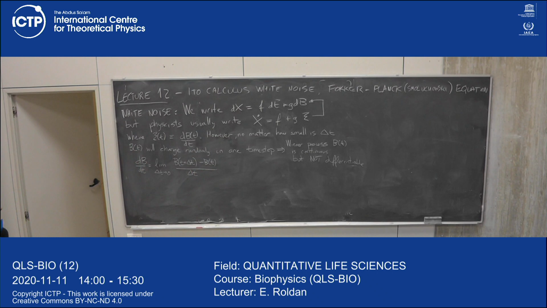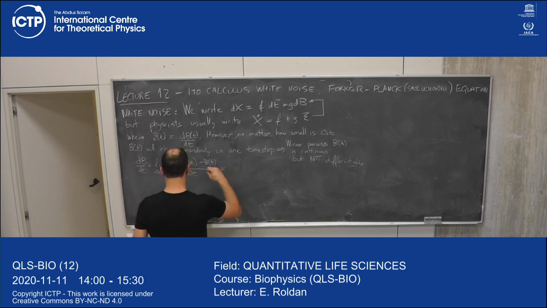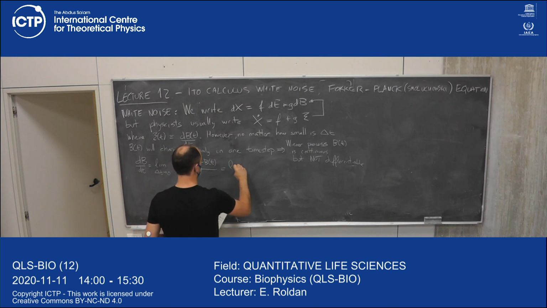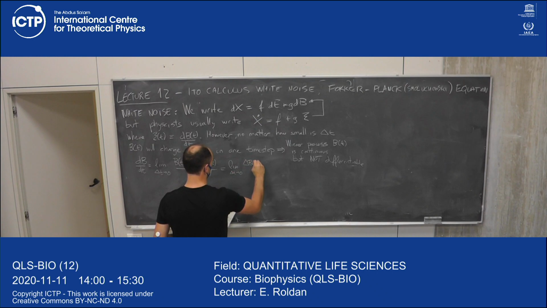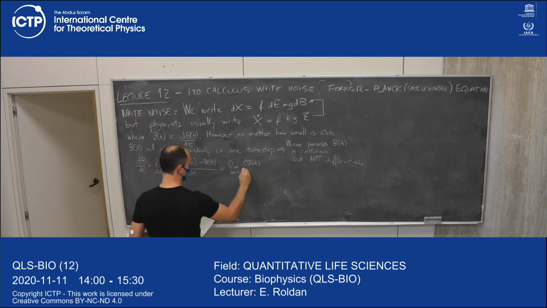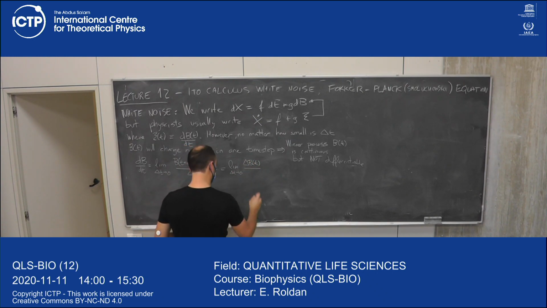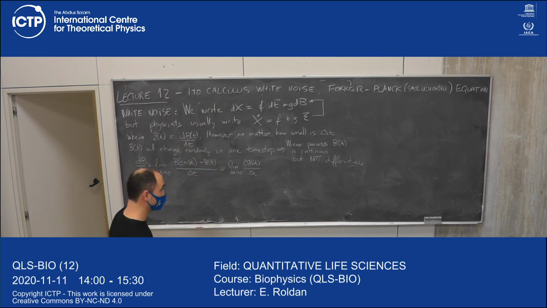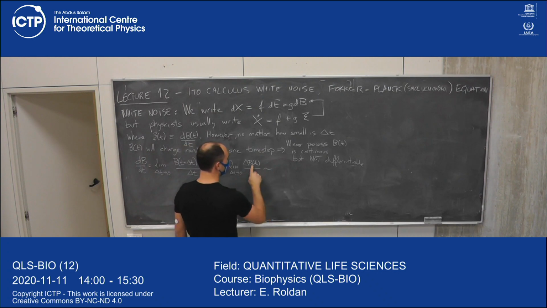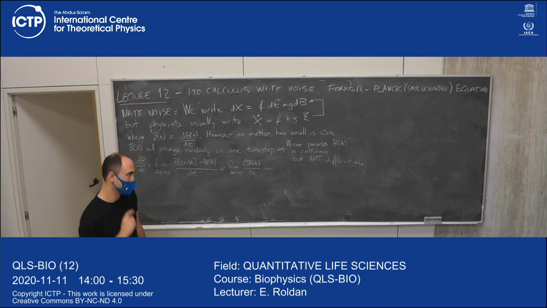Okay, this is the definition of the derivative. This is nothing but the limit when delta t goes to 0 of delta B(t), the change in the Brownian process in the time t, divided by delta t. And the change of the Brownian process is of the order of square root delta t, and this is of the order delta t.